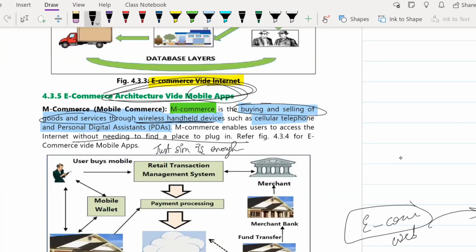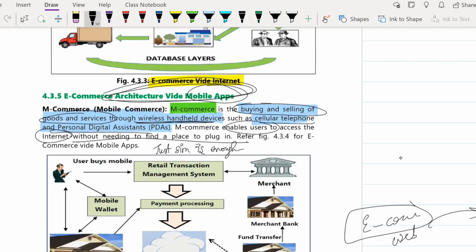First is your telephone, and next is your personal digital assistant. These PDAs are a matter of old times; right now, you don't have these devices. So here what they are telling is m-commerce usually enables users to access the internet without needing to find a place to plug in.